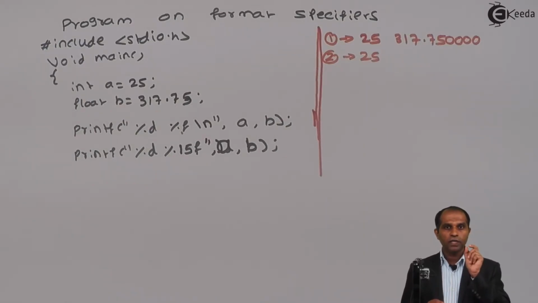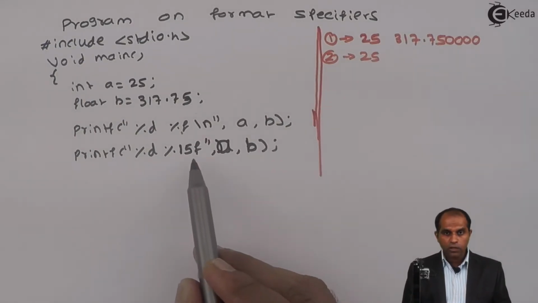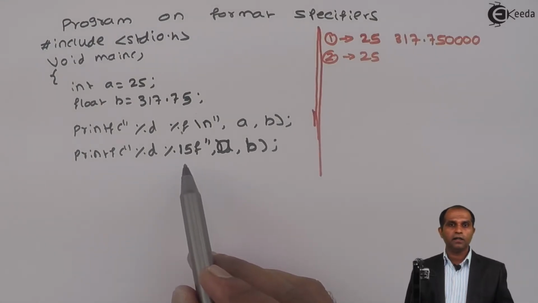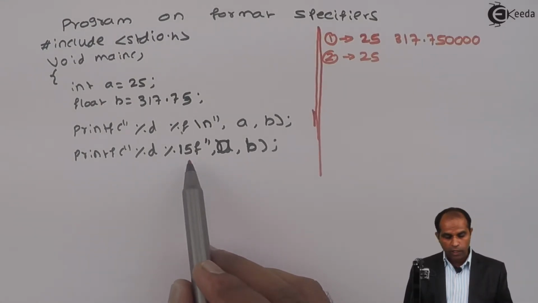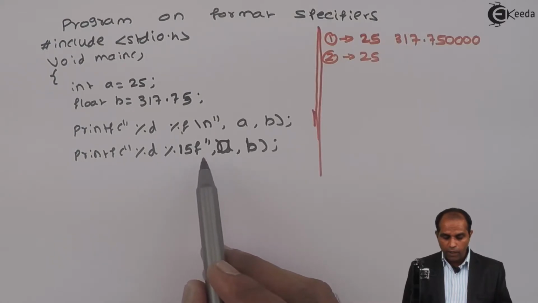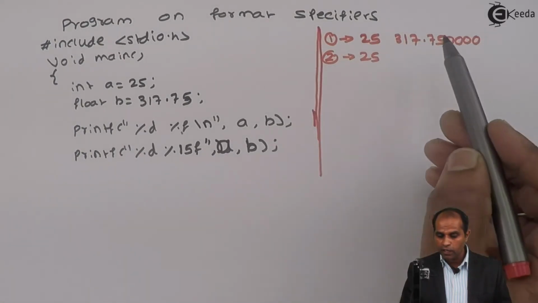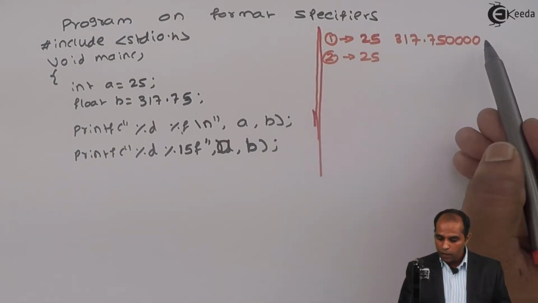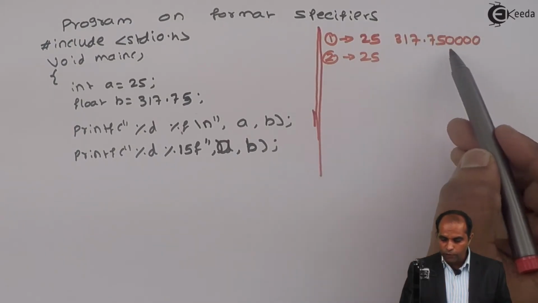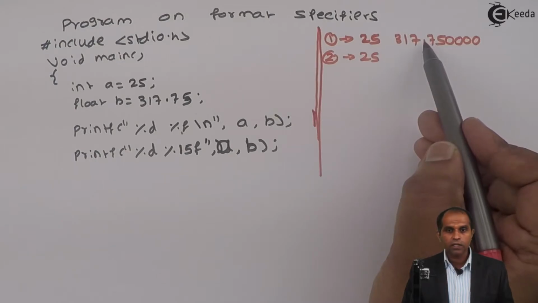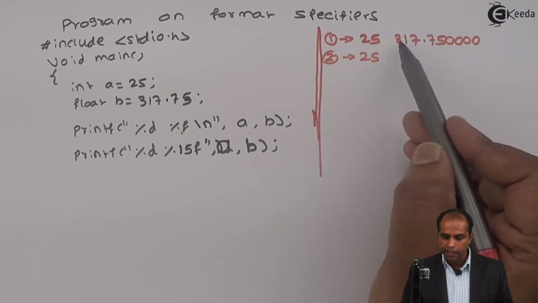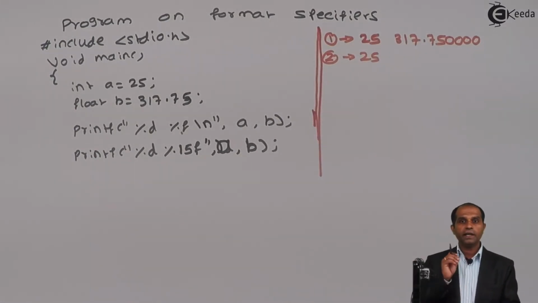Remember, 15 spaces. So let me count the digits in the entire variable. When I'm supposed to count the digits, never take the value which is written in the variable, always take the one which is stored internally. So how many digits are there? 6 in the fractional part, 7 is the decimal point, 8, 9, 10. So I have a total of 10 digits in this.